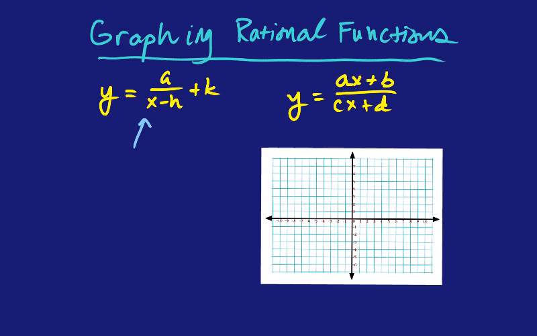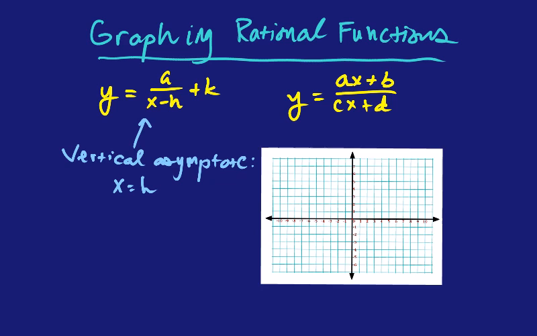In a rational function, you have a vertical asymptote, and that vertical asymptote is always going to be at x equals h, or another way of saying it is the x value that makes the denominator equal 0. So we're going to look for our vertical asymptotes when the denominator equals 0.